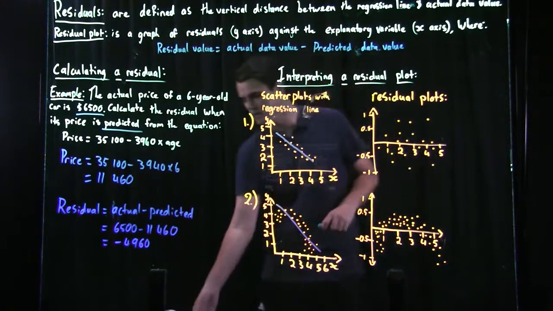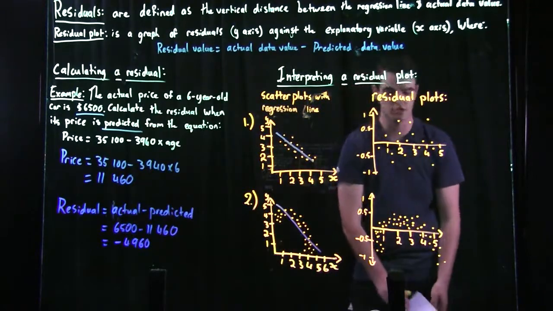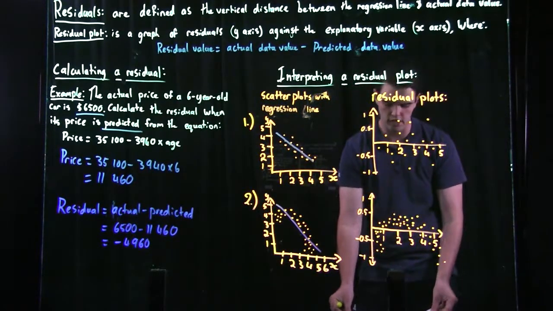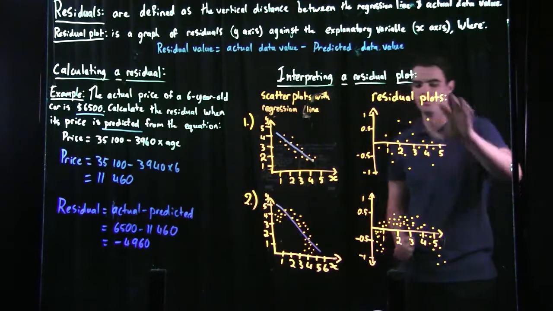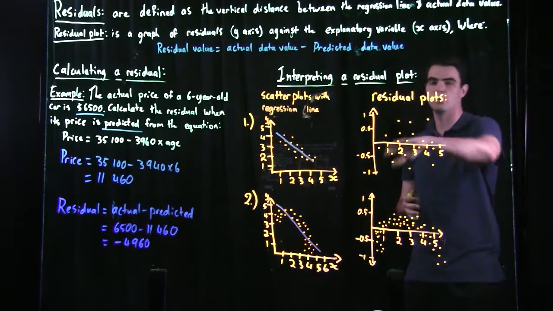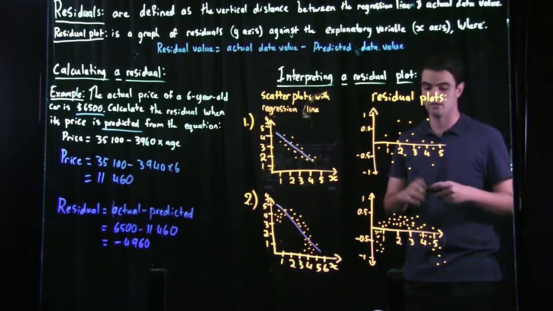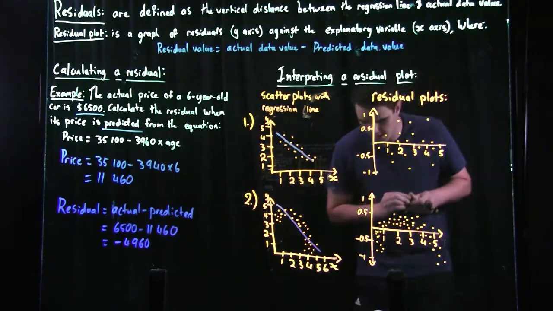Okay, so when we go through and we're looking at our residual plots, we're going to try and read these. Okay, when we first look at this, all the dots here, it just seems random. Okay, there's no curve, there's nothing, it is just a random plot of data. Okay, so we start by writing that down.